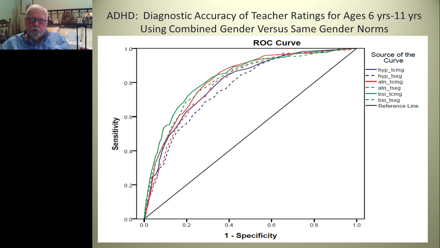The dotted or dashed lines depict the homogeneous norms. In every case, if you look at the lines that are the same color, the full line is superior in diagnostic accuracy to the dashed line.